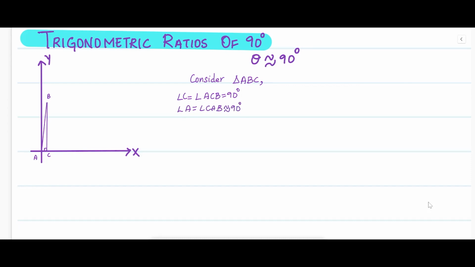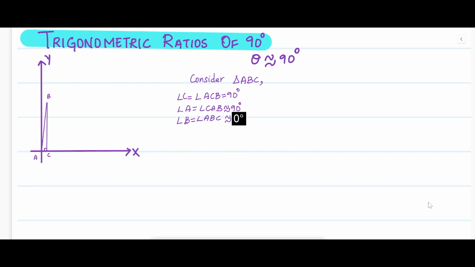So we can easily see that our angle B is almost equal to 0 degrees, because the sum of all three interior angles of a triangle is equal to 180 degrees. So if angle C is 90 degrees and our angle A is almost equal to 90 degrees, then our angle B, that is angle ABC, will be almost equal to 0 degrees.